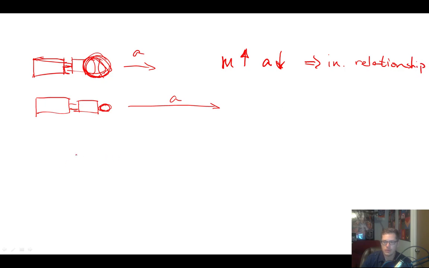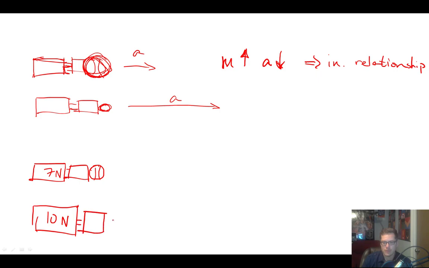All right. What if instead we take one plunger that produces 7 newtons of force, and we put a tennis ball in front of it, and then we take another plunger that produces 10 newtons of force, and we put the tennis ball there.